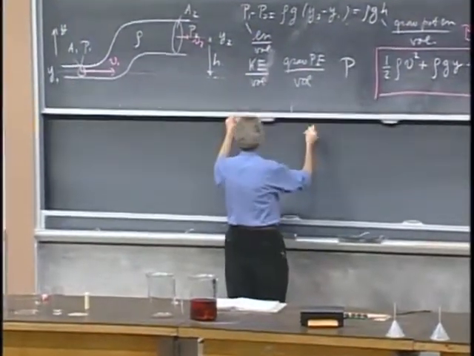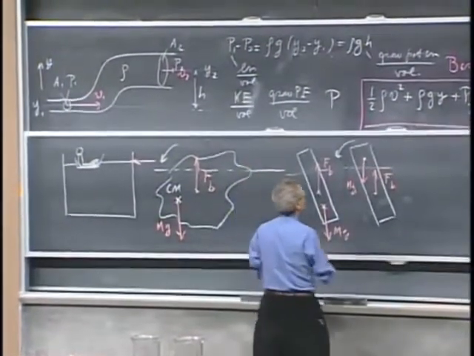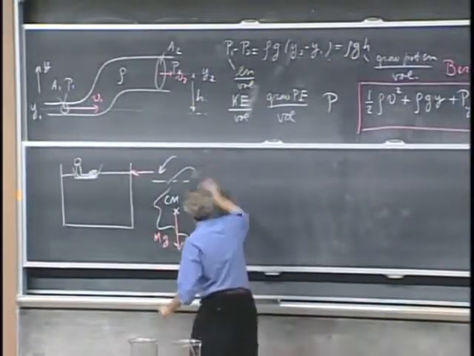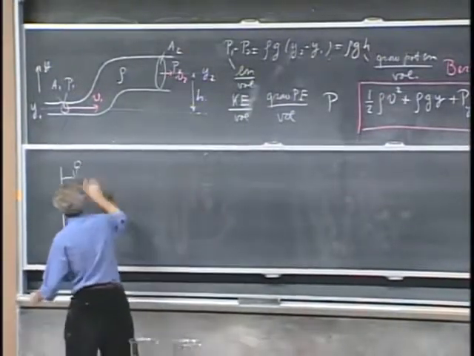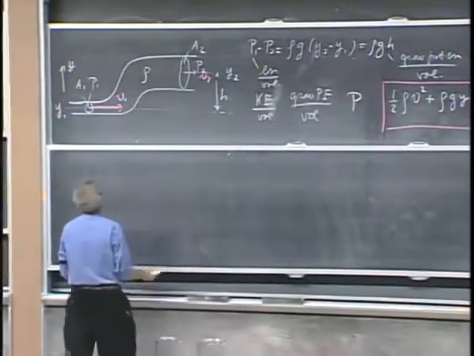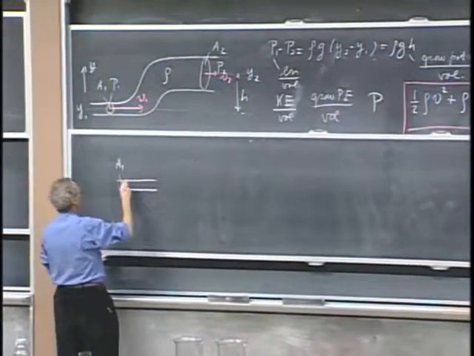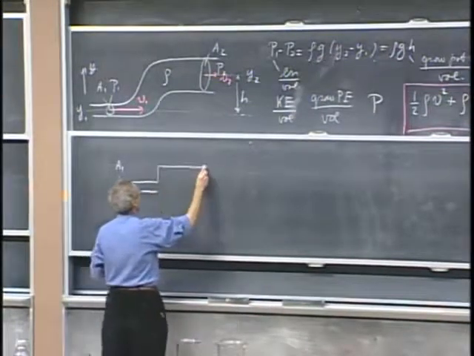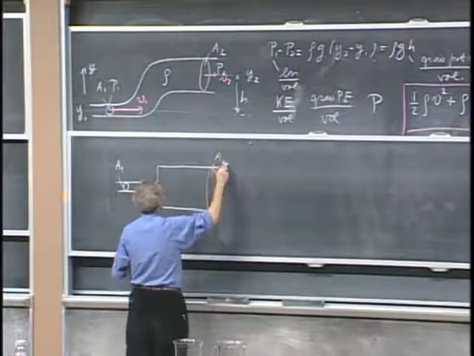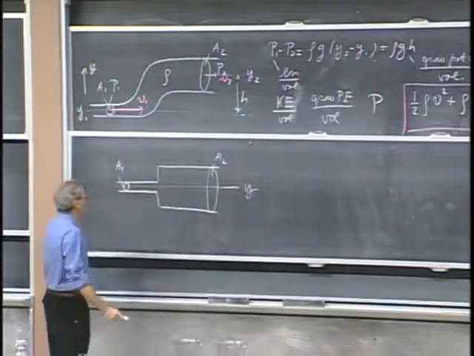First, I will show you an example whereby I keep y constant. So I have a tube which changes diameter, but the tube is not changing its level y. I come in here with cross-sectional area A1, I widen it, cross-sectional area A2. This is y, it's the same for both.